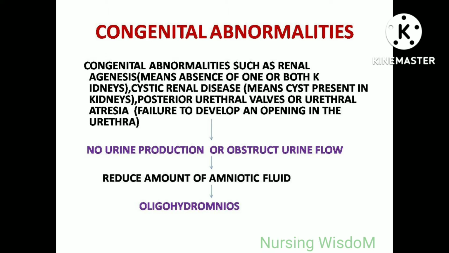Urethral atresia means failure to develop an opening in the urethra. In renal agenesis and cystic renal disease, there is no urine production, and in posterior urethral valves and urethral atresia, urine will be produced, but this condition will obstruct the urine flow. That will lead to reduced amount of amniotic fluid and cause oligohydramnios.